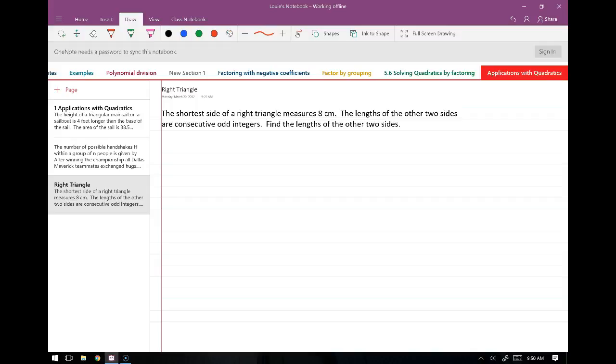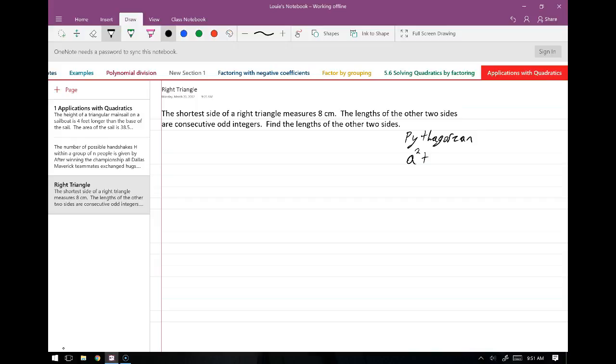So this last one, we're just going to use a pretty common formula. You're going to have to use it in a lot of different applications in this class and in following classes, and that formula is just the Pythagorean theorem.